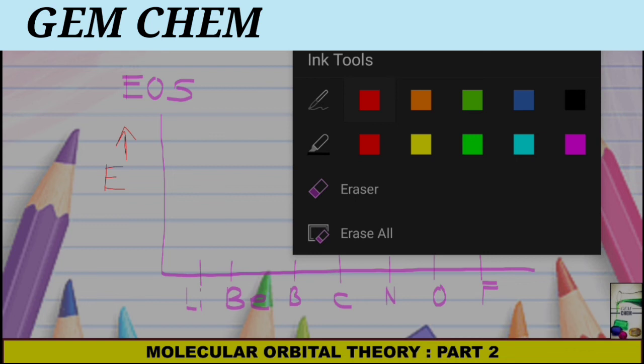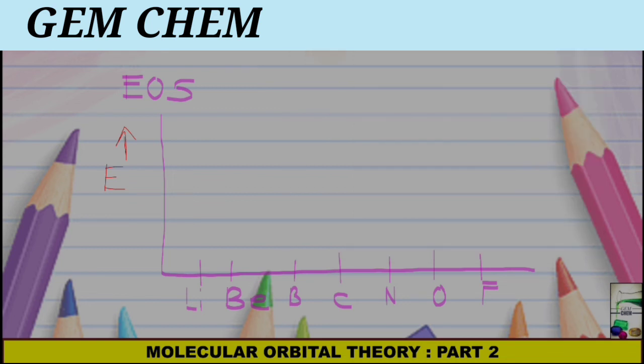If we consider the overlap between 2s and 2p in case of lithium, it is like this. They are so close to each other. So we have here 2s, we have 2p. Once we progress towards the right side of the periodic table, this distance goes on increasing.